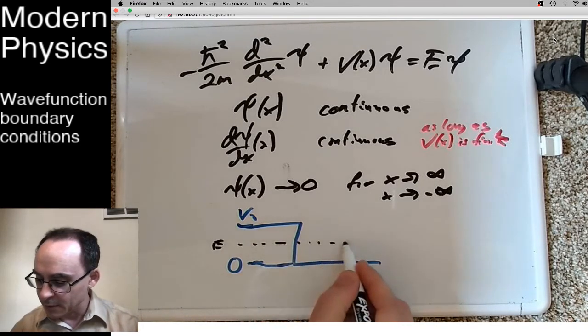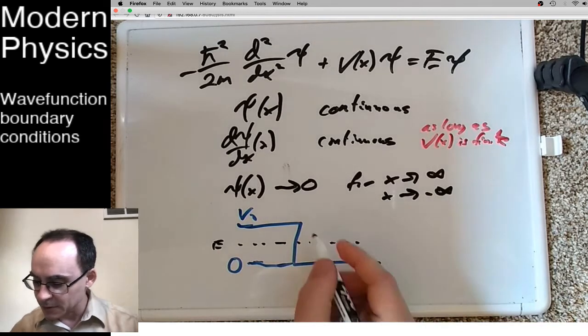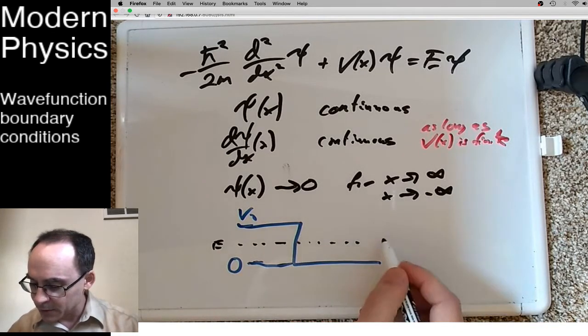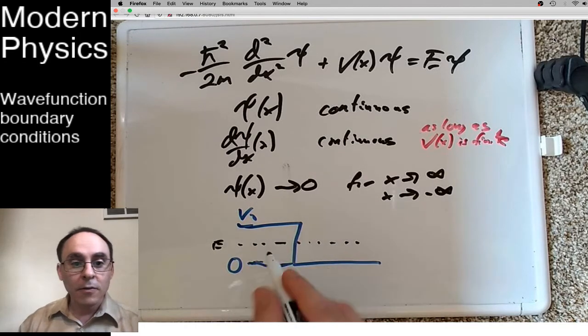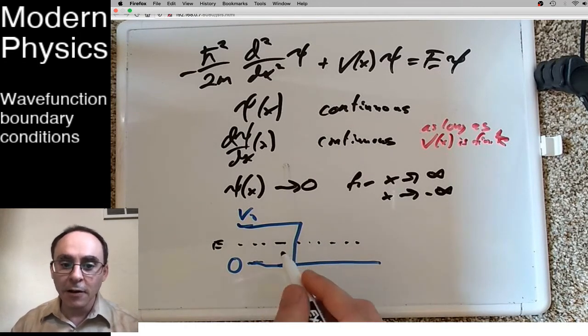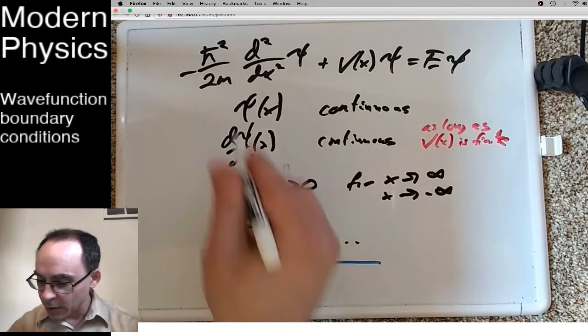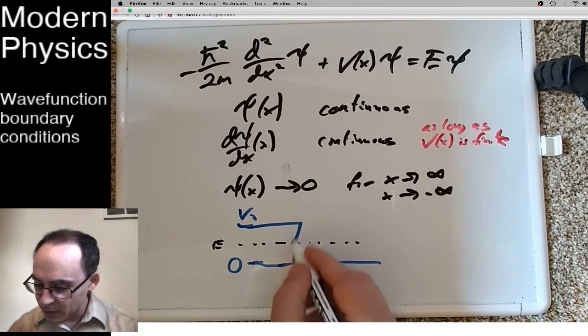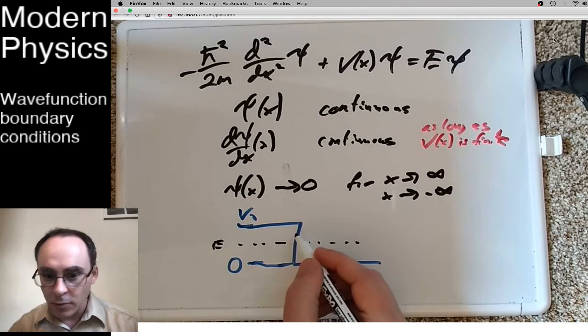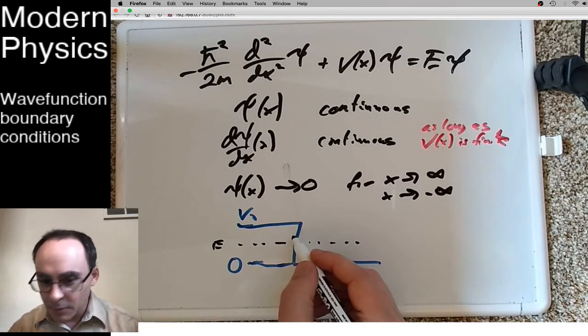If it's greater than the potential, you have an oscillatory solution. So we want an oscillatory solution over here and a decaying solution over here. When we figure out the actual equation for it, we're going to match things up. We want to make sure the wave function is continuous at this boundary, so the function is actually equal, and we also want the first derivative to be continuous.